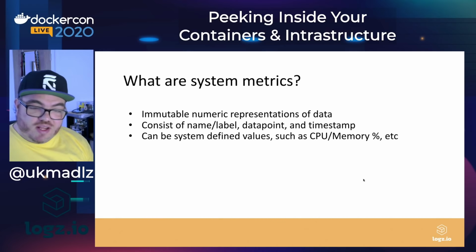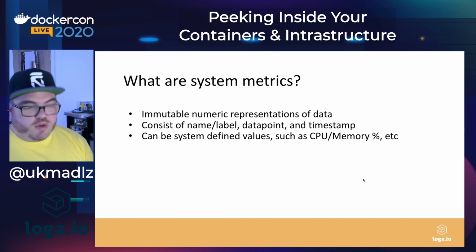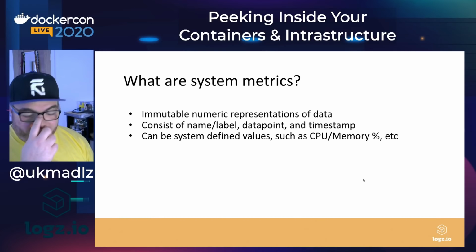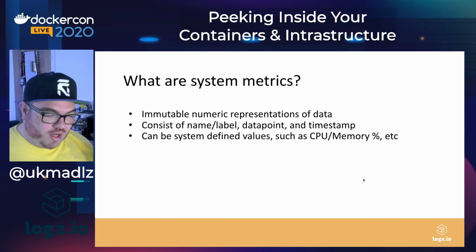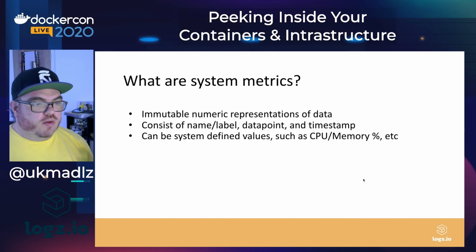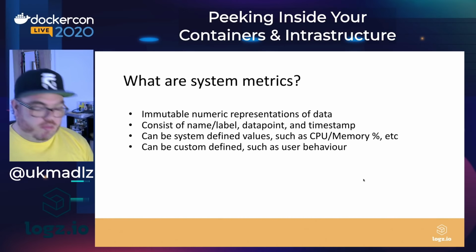These can be defined values, so a lot of systems have predefined ones that they all produce. So pretty much every computer on the planet will allow you to find via some means its CPU, memory usage, disk I/O, network traffic, etc. And you can gather those and send it over. So there are a lot of predefined patterns for this. Or they can be custom metrics.